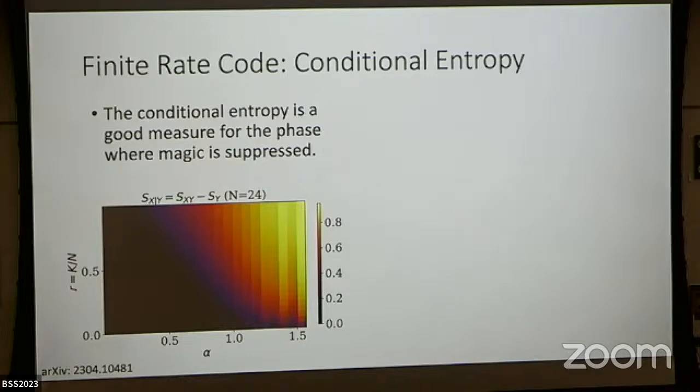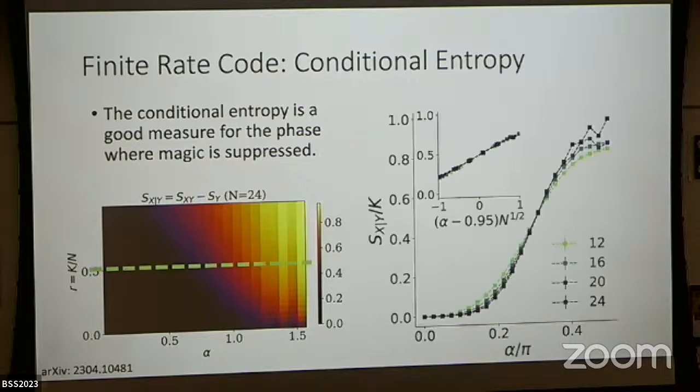You'll notice these numerics never really go past 24 qubits. In the middle of this phase diagram, we're not doing just Cliffords anymore, so these simulations are already getting pretty expensive classically. Without our grad student having to use the cluster, this is as far as the numerics go. Okay, so let's look at one cut in this phase diagram.